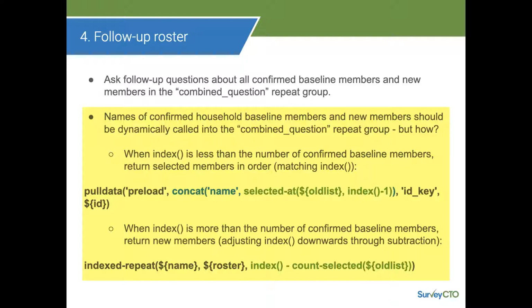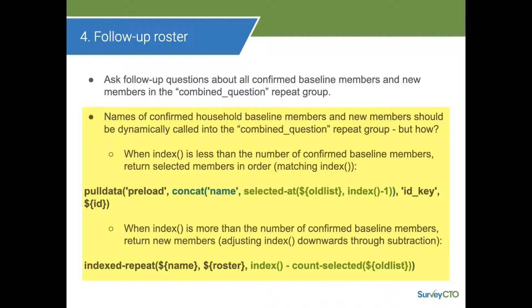Then around that, concat sits in the second argument position for pull data, where the column name goes. And that's adding name to whichever value is returned by this combination of selected-at and index. So that's crucial to understanding what's going on there.